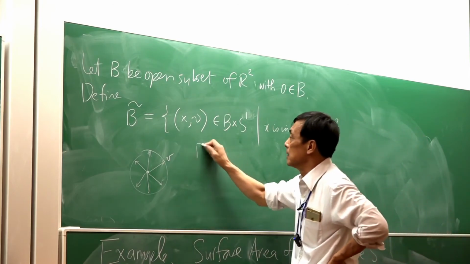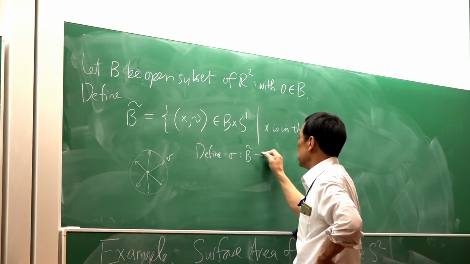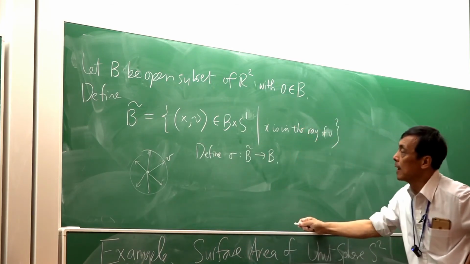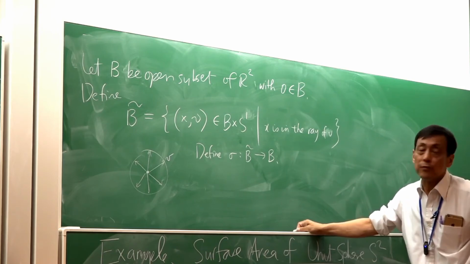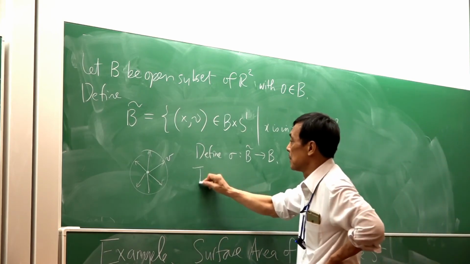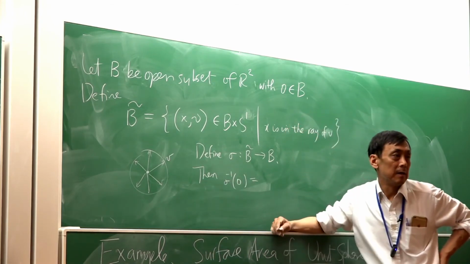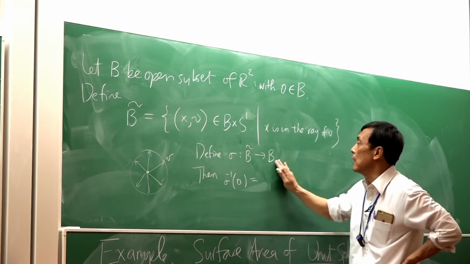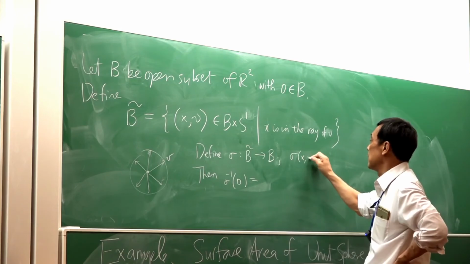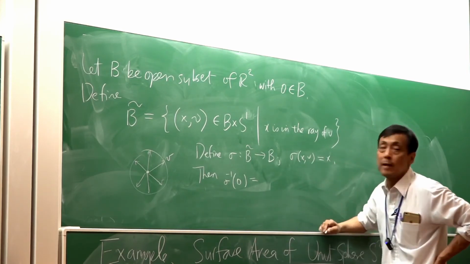And then define sigma from B tilde to B. Now, what is the inverse image of the origin? Sigma takes (x, v) to x.